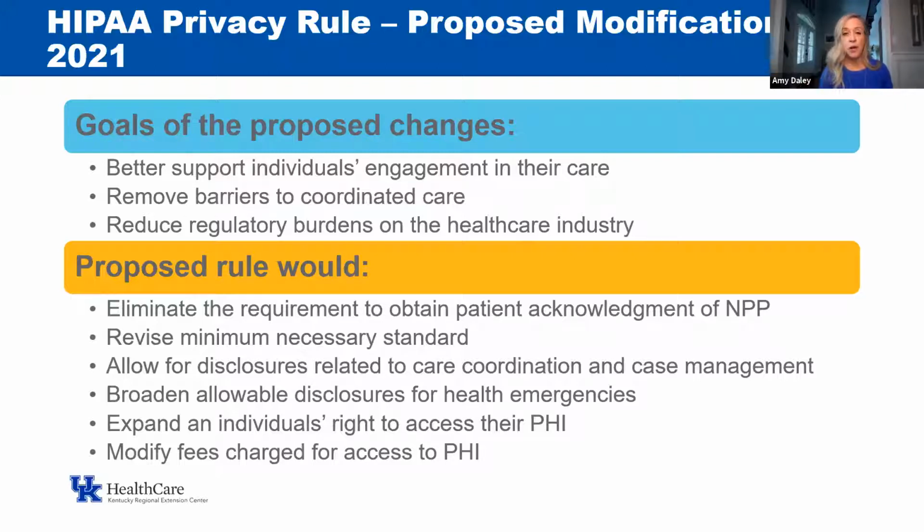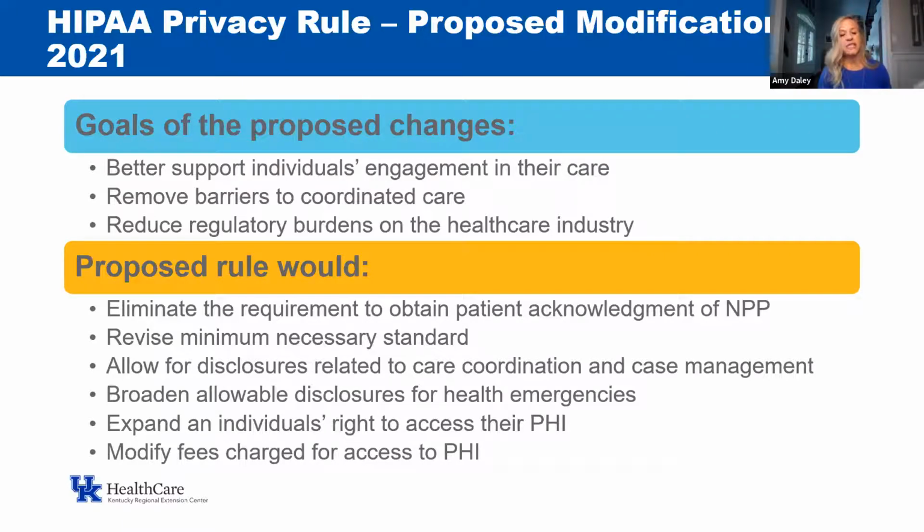The rule is proposing to expand the ability of covered entities to disclose PHI to avert a threat to health or safety when a harm is serious and reasonably foreseeable, rather than serious and imminent. So it's a change in language there. If it's serious and reasonably foreseeable, then the rule would expand the covered entities' ability to disclose PHI in those events.